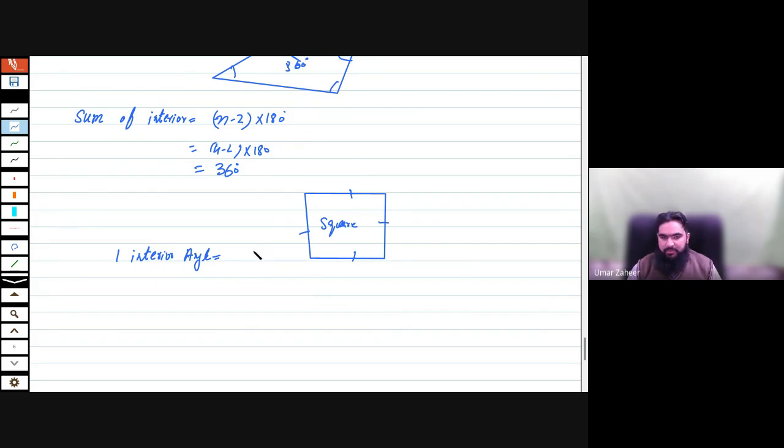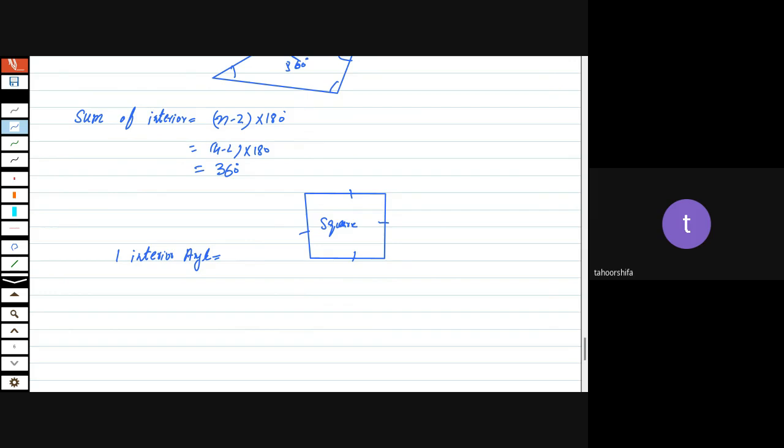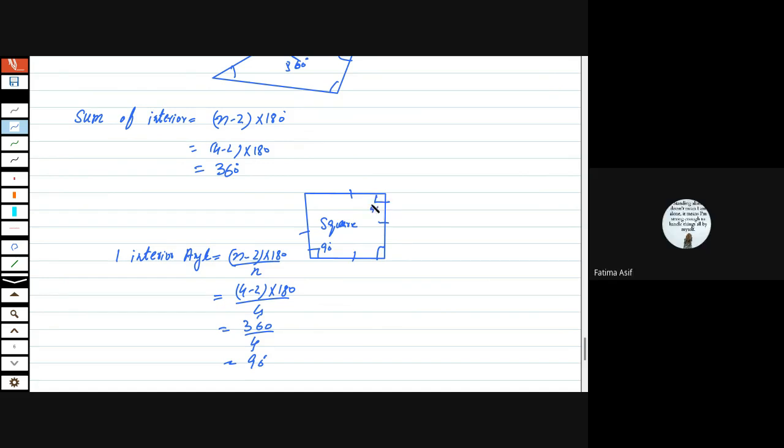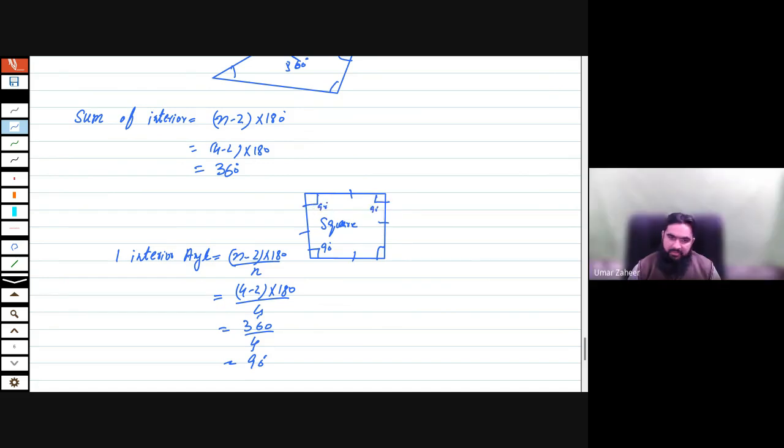It's going to be n minus 2 whole multiplied by 180 divided by n. So that will be 4 minus 2 into 180 divided by 4. So 360 divided by 4. So that will be 90 degrees. So each angle is going to be 90 degrees.